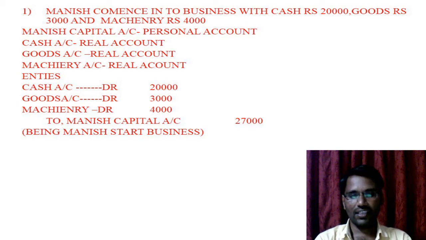Next, he comes into the business with cash. He comes into the business with goods. He comes into the business with machinery. So students, the cash, goods and machinery, these are the real accounts.